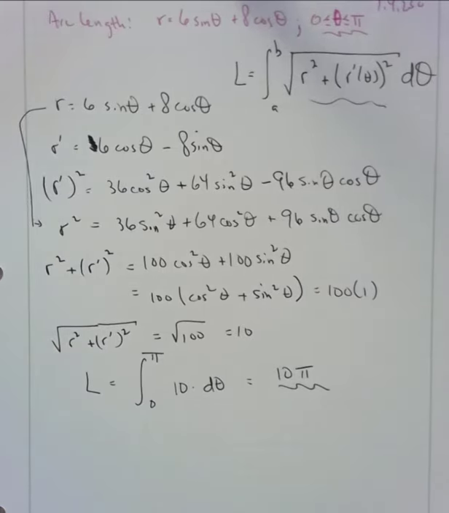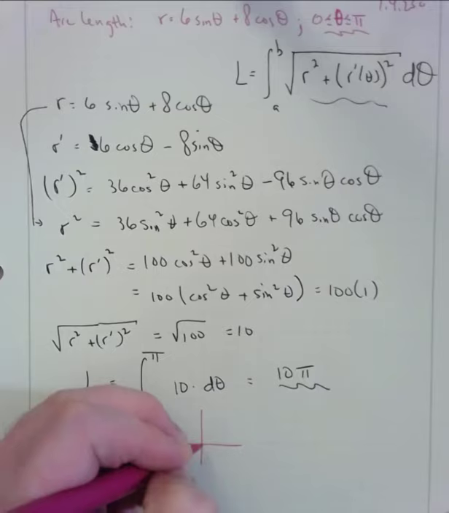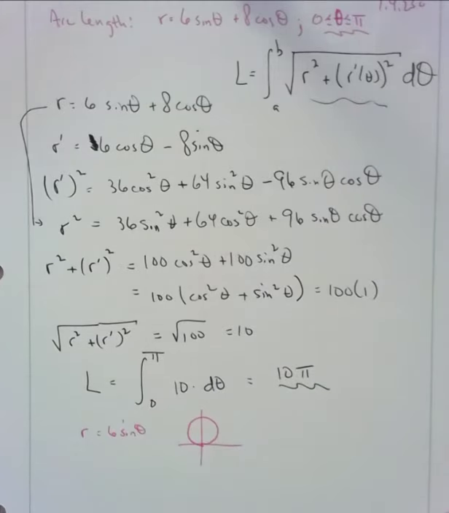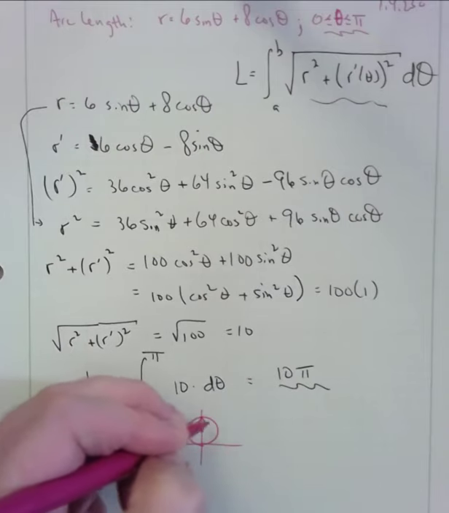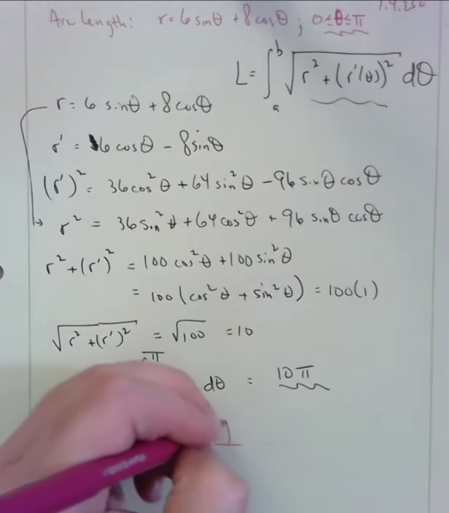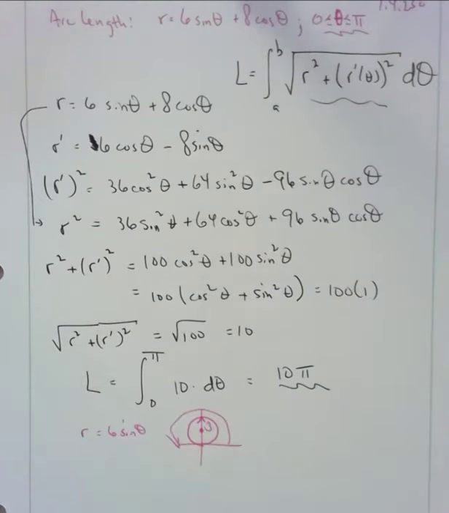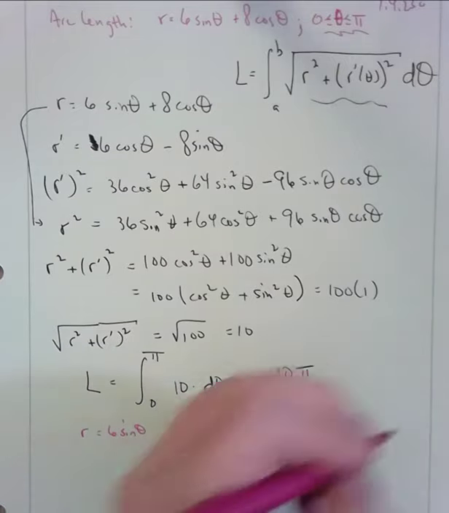It's good to be able to do the formulas, but what if I were to break this function down and just look at r equals 6 sine theta? That happens to be a circle that sits above the x-axis with a radius of 3. And so as theta sweeps from 0 to pi, we generate that entire circle. The circumference of that circle is going to be 2 times pi times the radius, which is 6 pi.